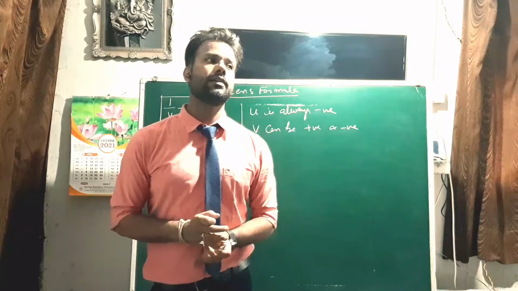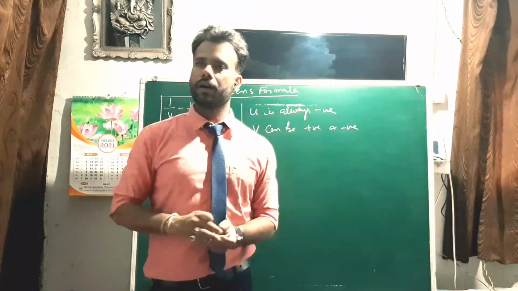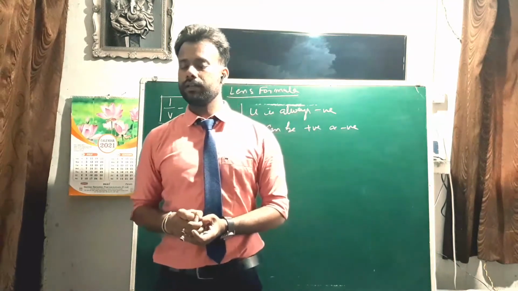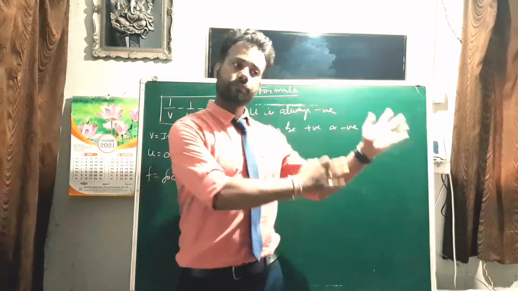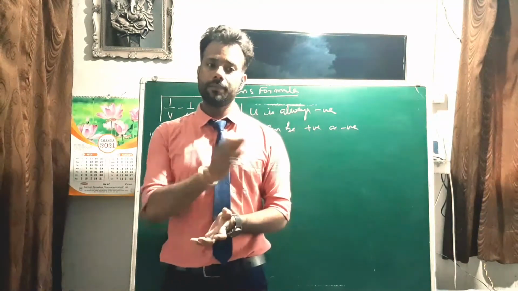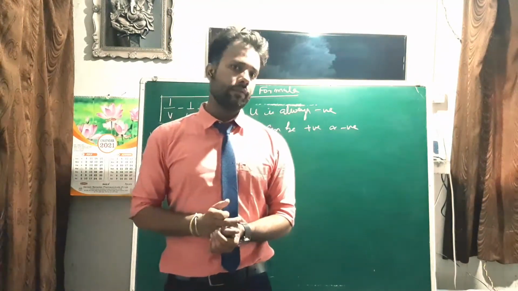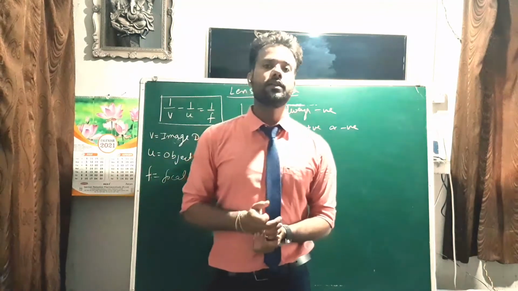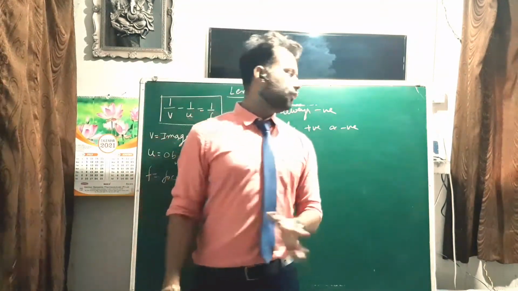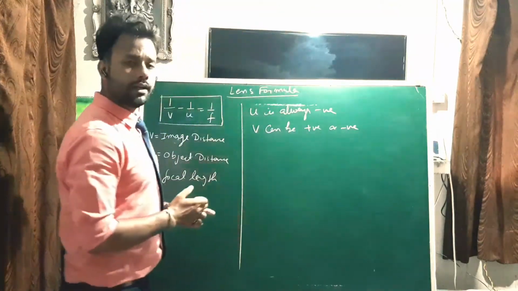Like if we take the example of the convex lens, the last case, when the object is placed between the focus and the optical center, the image is formed on the same side as the object. So v can be negative. In all other cases, the image is formed on the other side of the lens, so v will be positive.